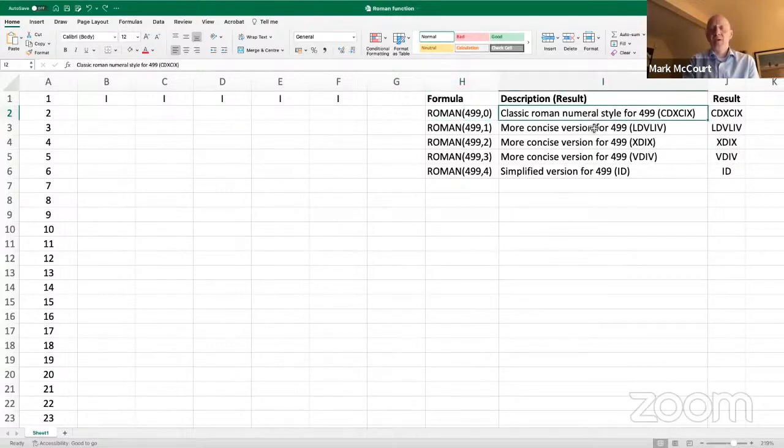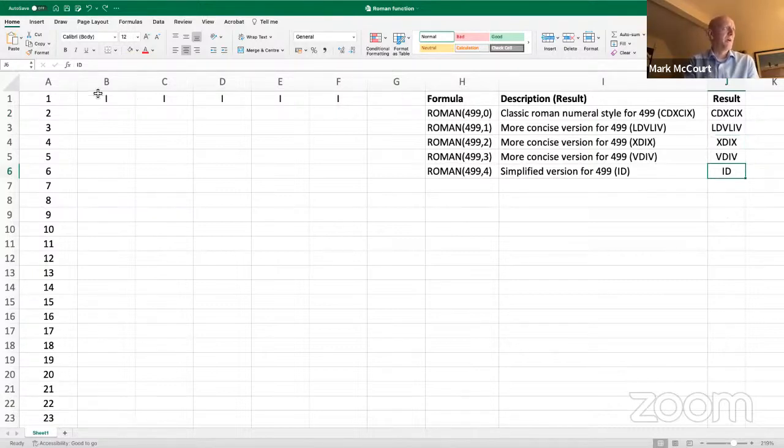There's 0, which is referred to as classic, and actually it means the standard, the legal one. Then there's a concise, a more concise, a more concise, and a simplified. So if we look, for example, at the number 499 in standard, CDXCIX, but it is true that you can write 499 as ID, and many other ways as well.